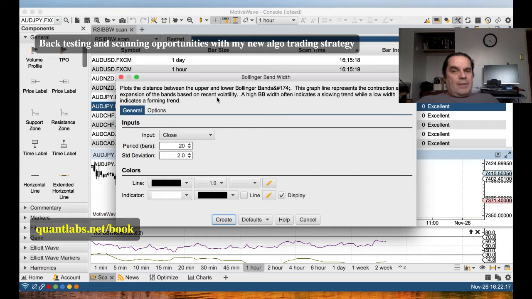It measures volatility. So a high BB width often indicates a slowing trend, where a low width indicates a forming trend. So here you can set the standard deviation for the band of the Bollingers.